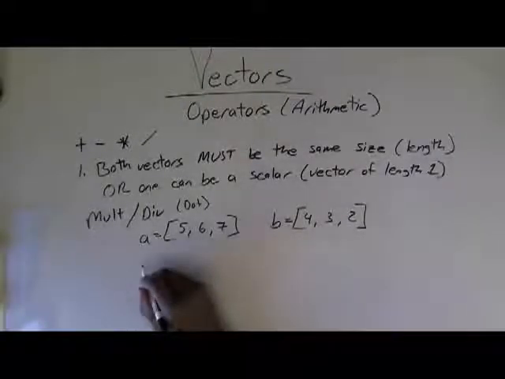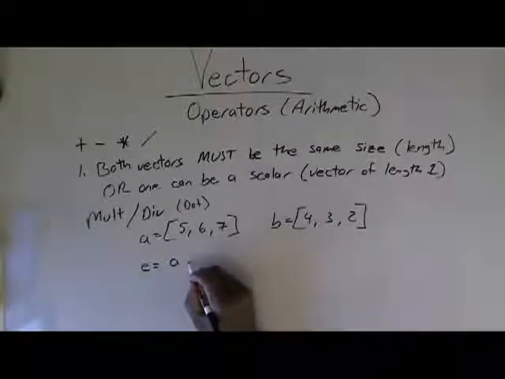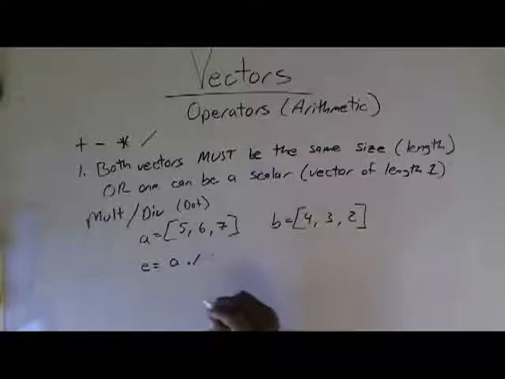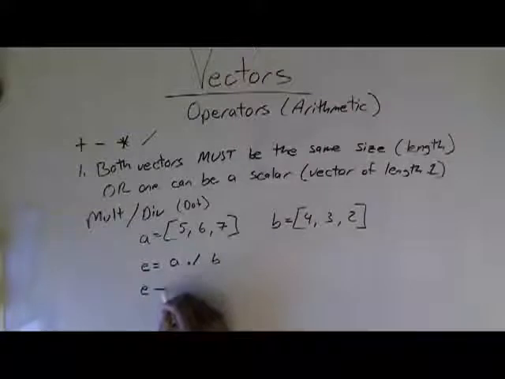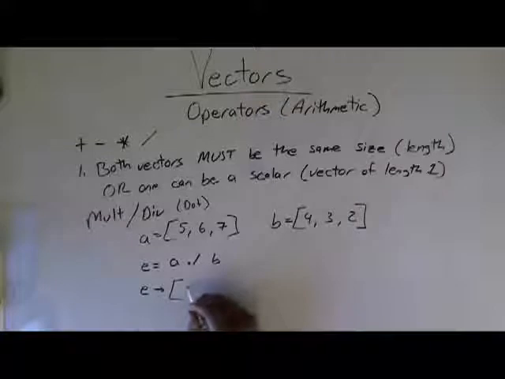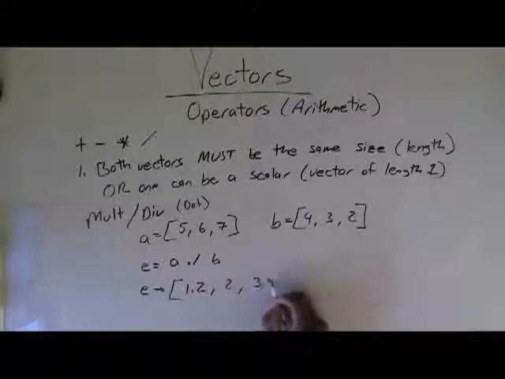So if I do, let's see, vector E equals A dot backslash, or A dot slash, divided by B, then E is going to equal the values, and I have to do math on the fly real quick. 1 point, what's this, 1.2, comma 2, comma 3.5.